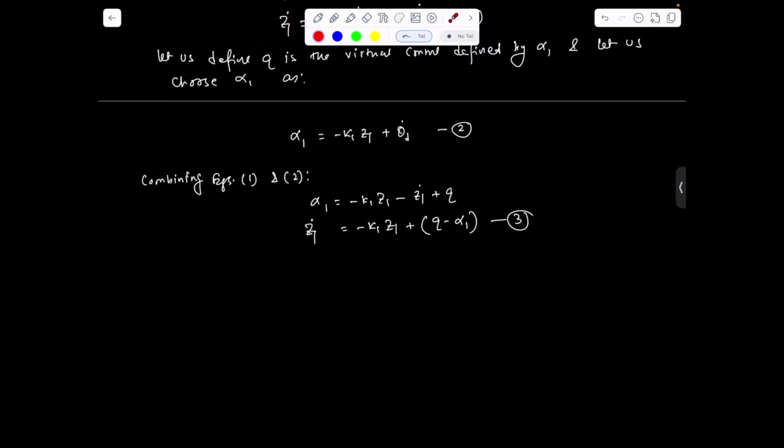Now our main motivation: if we notice carefully, if q equals alpha 1, z1 will be asymptotically stable dynamics.